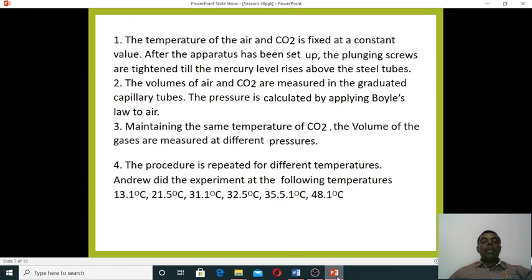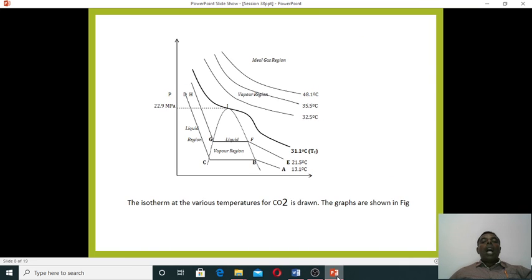Andrews did the experiment at the following temperatures: 13.1 degrees Celsius, 21.5 degrees Celsius, 31.1 degrees Celsius, 32.5, 35.5 and 48.1. At these temperatures, Andrews got a graph like this, as shown in the figure.